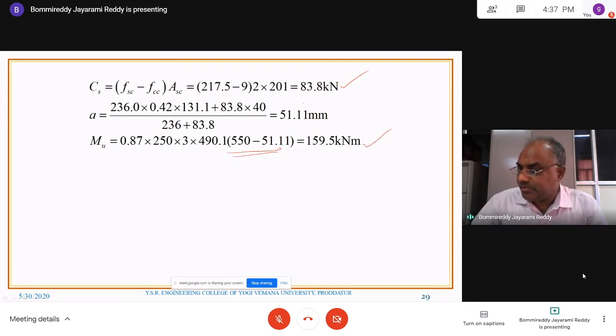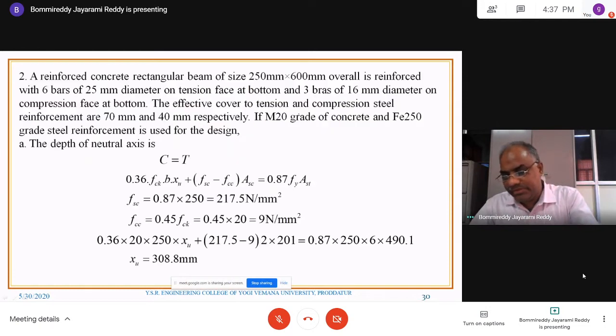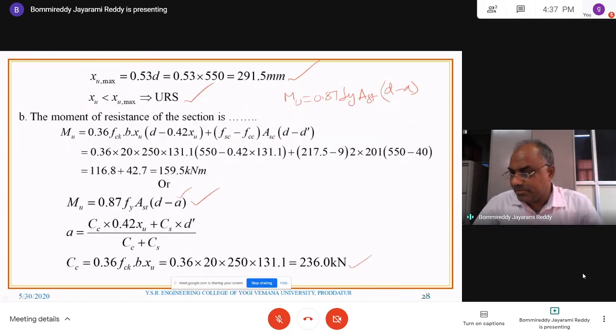So the computation of this value is a little bit tedious. Instead of this, in doubly reinforced beams, either you can use the formula with the tensile reinforcement, or otherwise you can use the formula with the compression reinforcement also. Just now I told you.